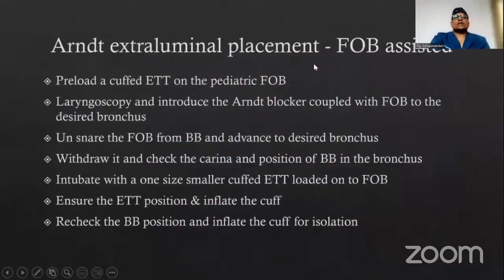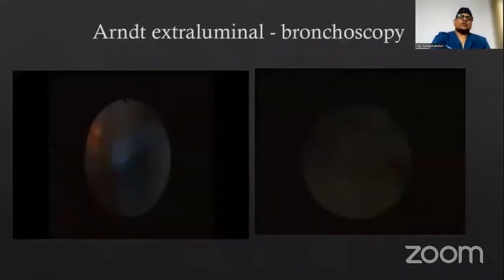The next part is ANT extraluminal placement. Here, again, you can do a laryngoscopy. You take the ANT blocker coupled with the fiber optic. Again, I'm talking about ANT extraluminal, so I'm not going through the ANT multiport adapter.